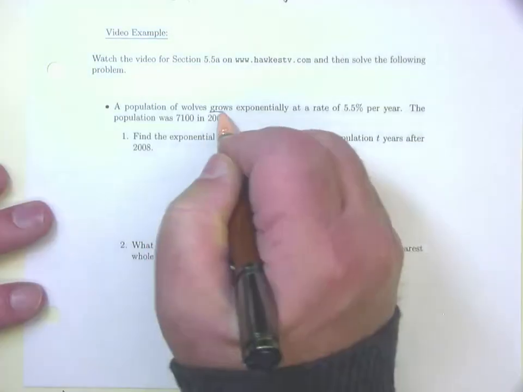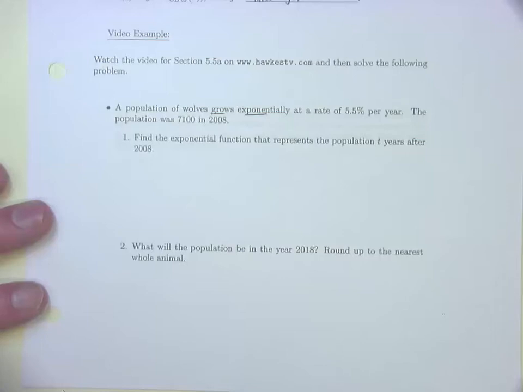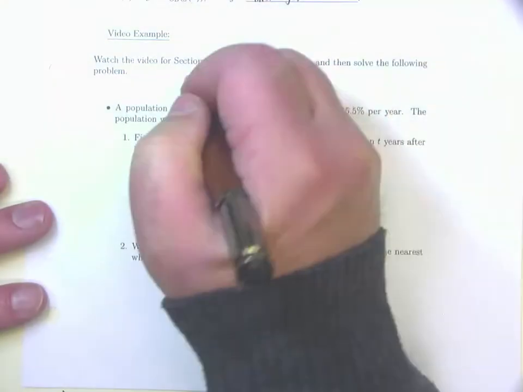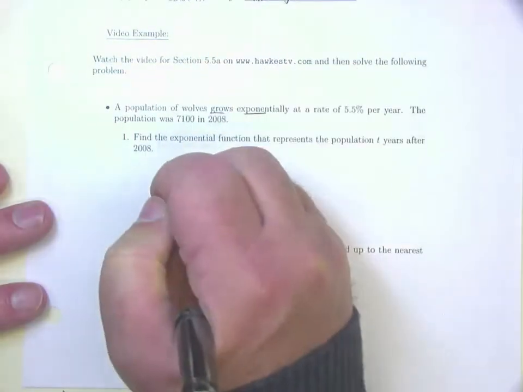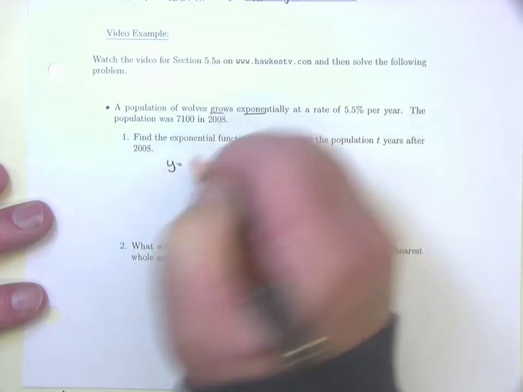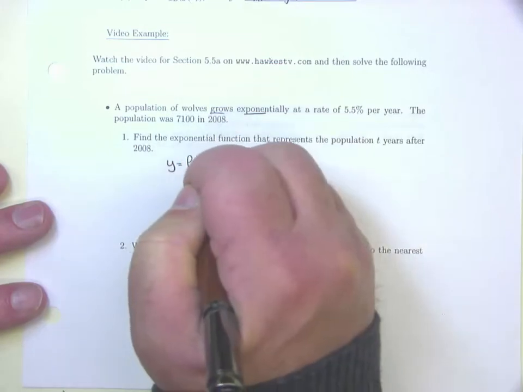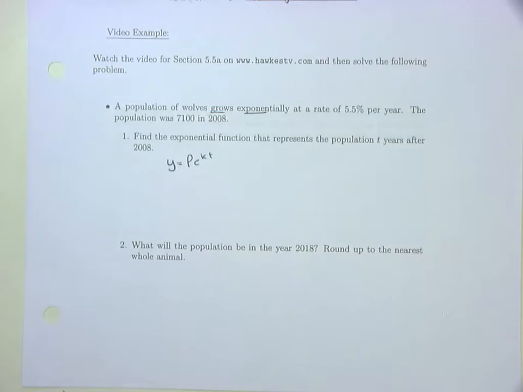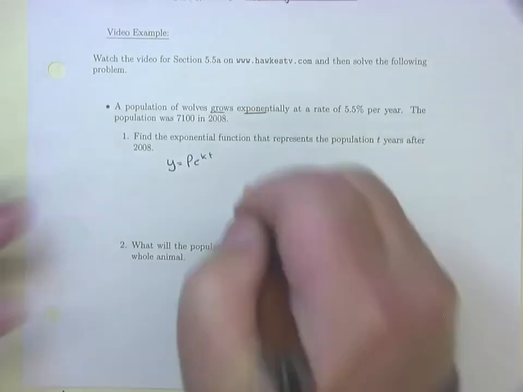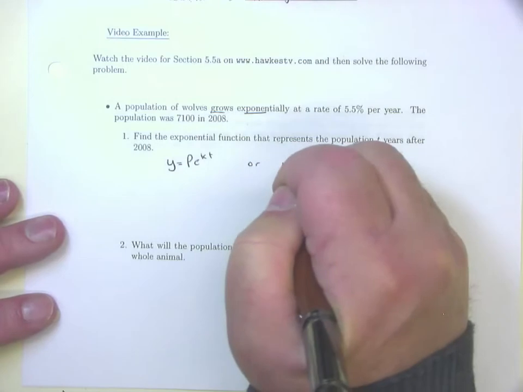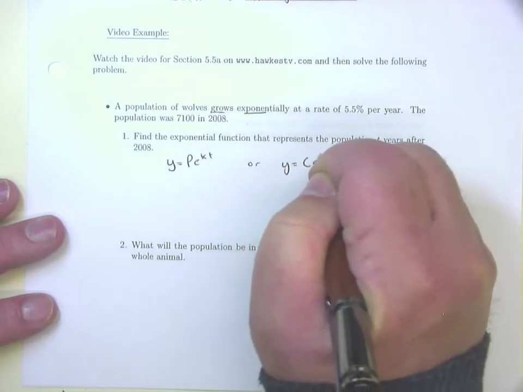When you see something grows exponentially, we have this formula that looks like this. It's y equals, you can use either P e to the kt, because if it grows exponentially it's that same style PERT formula that we used before, or you could use the formula y equals C e to the kt.